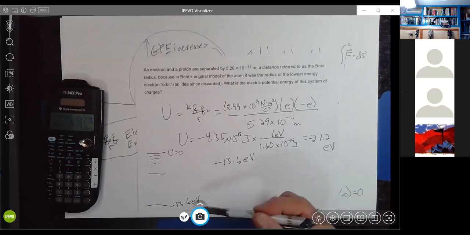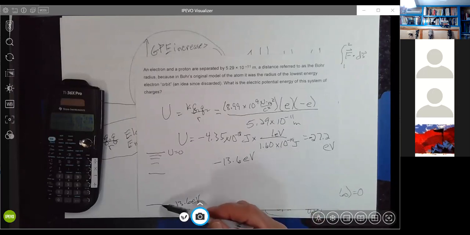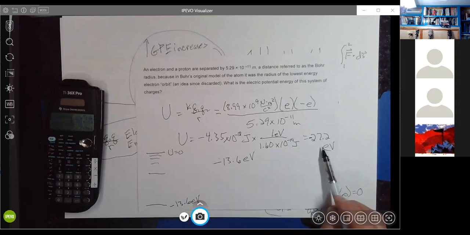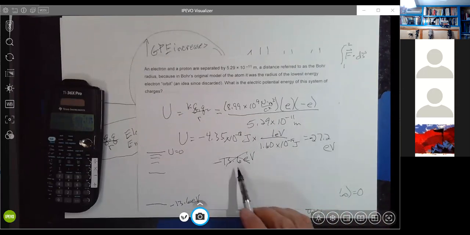And so this ends up being how much additional energy you'd have to give to the electron in the ground state of hydrogen to liberate it, to free it from the atom. Kinetic energy is always positive, but that ends up bringing its total energy up to this level here.